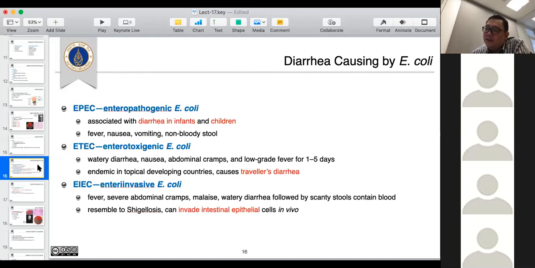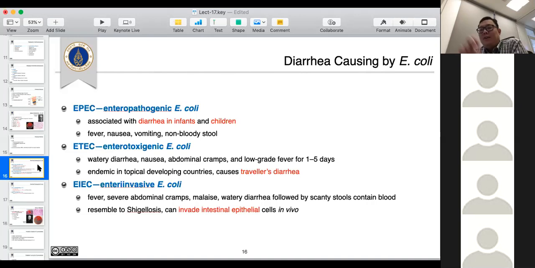This one can cause disease quite similar to disease from Shigella. They invade into the intestinal epithelium in humans. Normally, bacteria in the group of E. coli do not invade; they release some toxin or something else, but they do not penetrate and destroy epithelium cells.